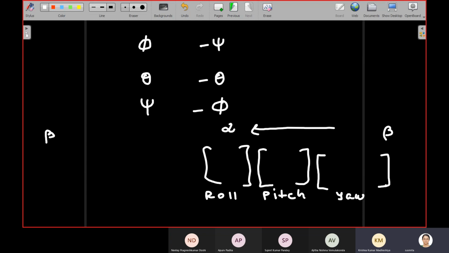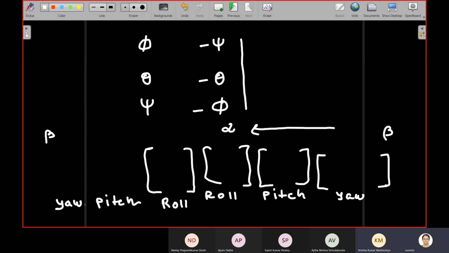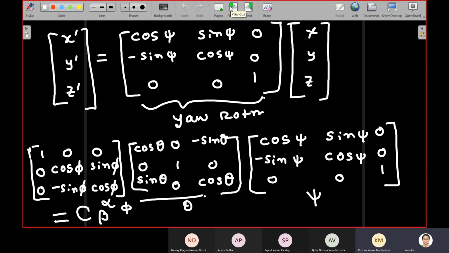What we have to do is use this one. So this one says first roll rotation, then we have to do pitch, and then we have to do yaw, correct? You have to reverse the sequence. Now you just see, if you multiply roll rotation, so first roll has this matrix, right?